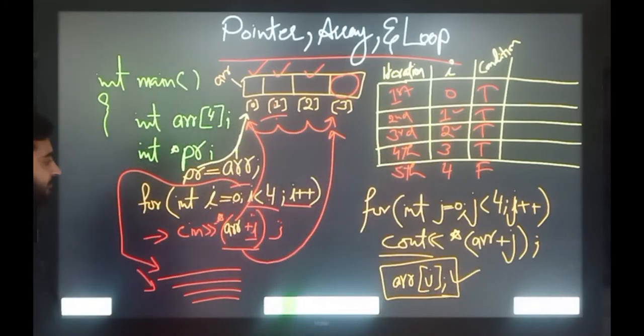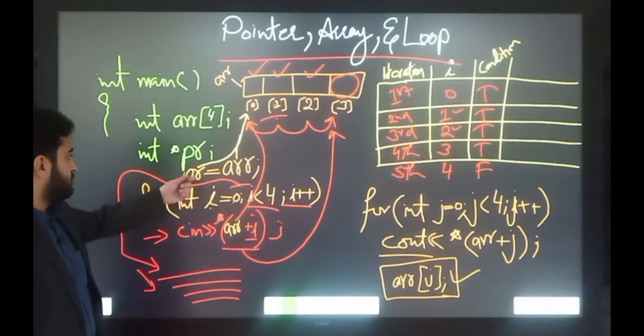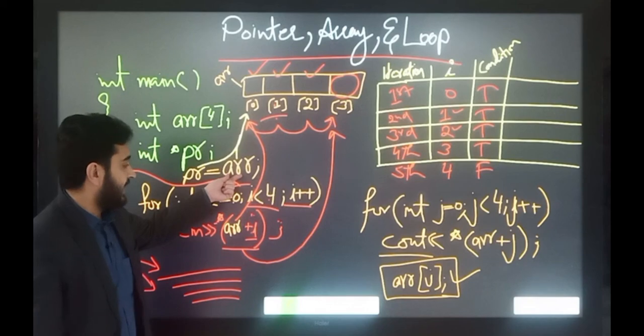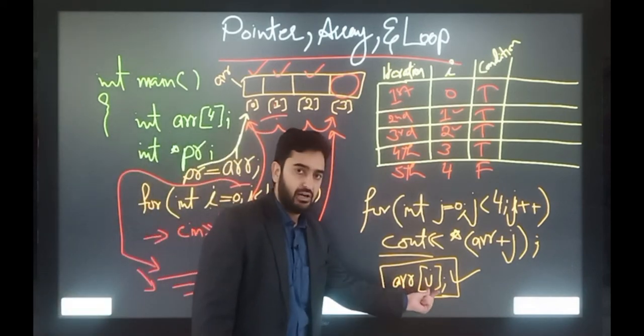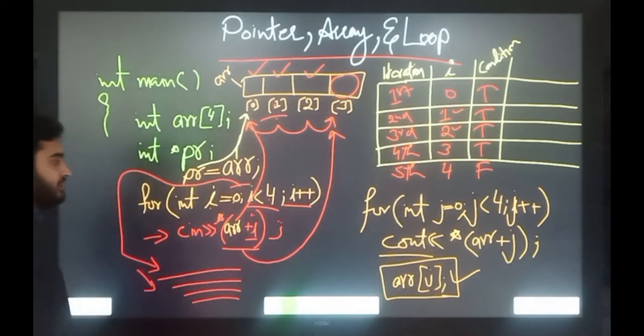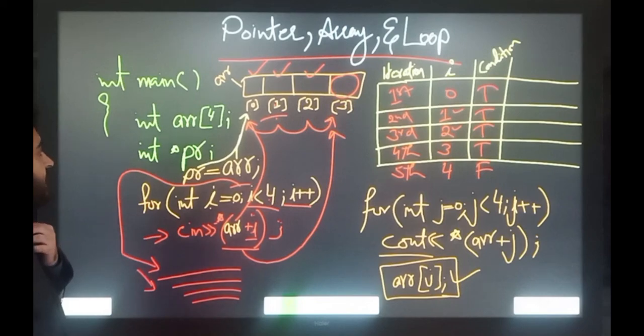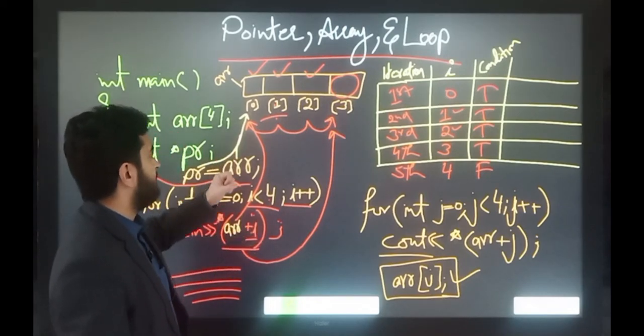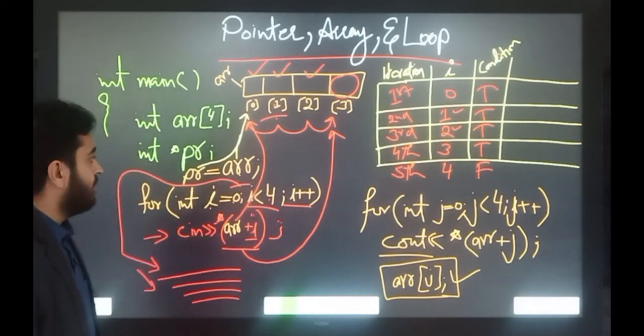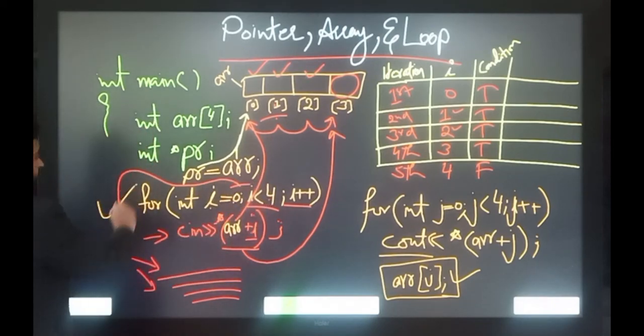So we now have 3 options: use a pointer, or use the name of the array, or use the name of the array with an index number. These are the 3 different methods through which we can initialize the values inside the array, and fetch the values and print them out on the screen while using the for loop.